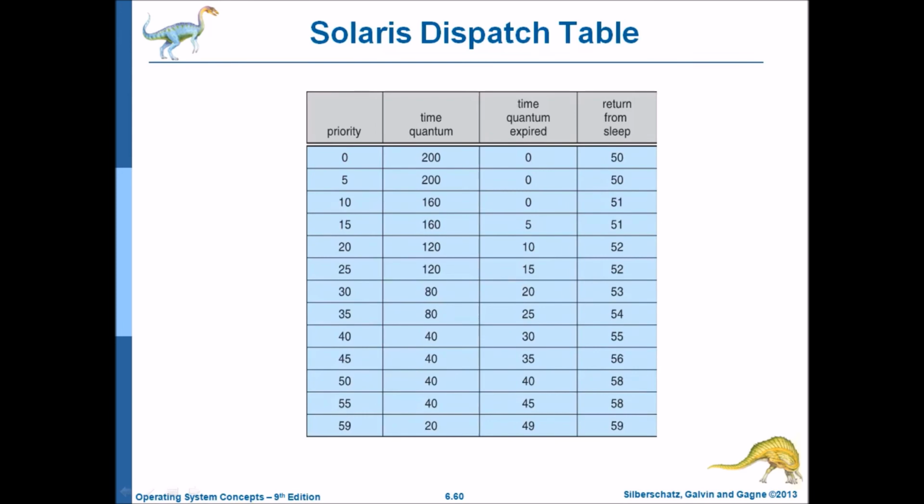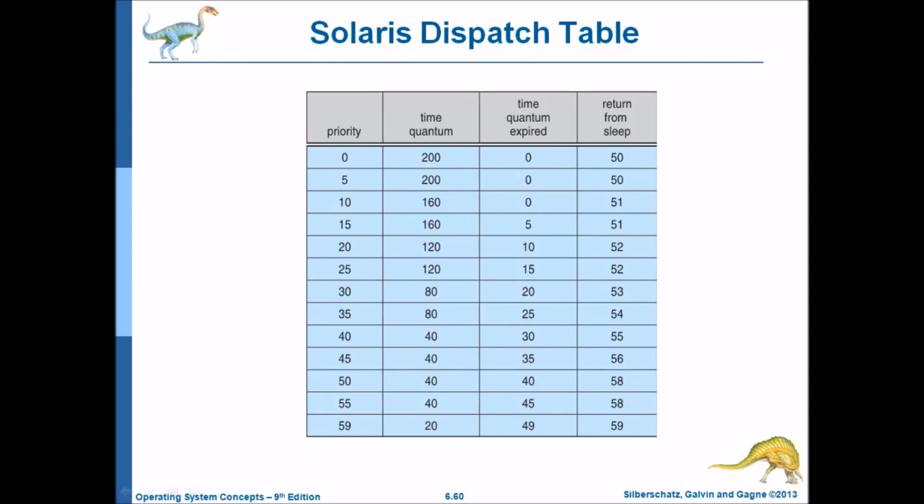The priority: the class-dependent priority for the time-sharing and interactive classes, where a higher number indicates a higher priority. Next is the time quantum for the associated priority. This illustrates the inverse relationship between priority and time quantum. The lowest priority, priority 0, has the highest time quantum, and the highest priority has the lowest time quantum.